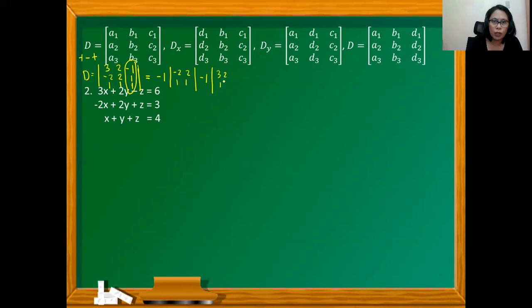And then plus, so we have plus 1 here, times its minor. So 3, 2, negative 2, 2.